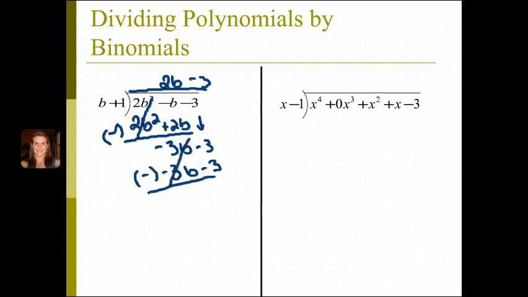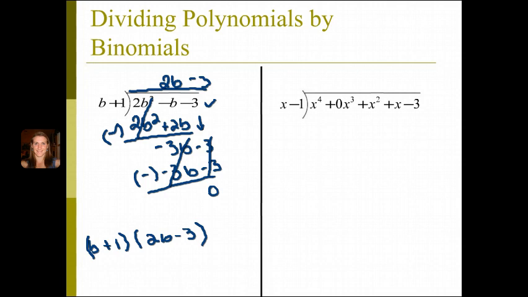And the negative 3's cancel because a negative times a negative is a positive. You have no remainder, so your factors are b plus 1 and 2b minus 3. And those multiply together to give you your trinomial, if you want to check your work.